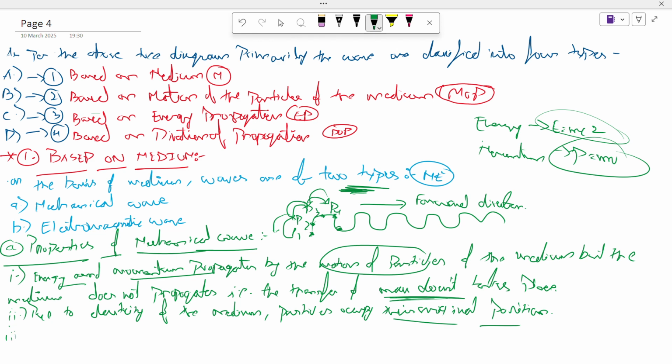Next, let us discuss the third point. So it is elastic in nature, just like a rubber band or a spring, or various ropes as well.